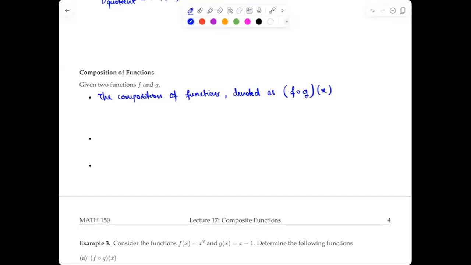So you have to explicitly write down the small circle to indicate that it is the composition of functions, where you want to compose two functions together. It is defined as f circle g of x is equal to f of g of x.